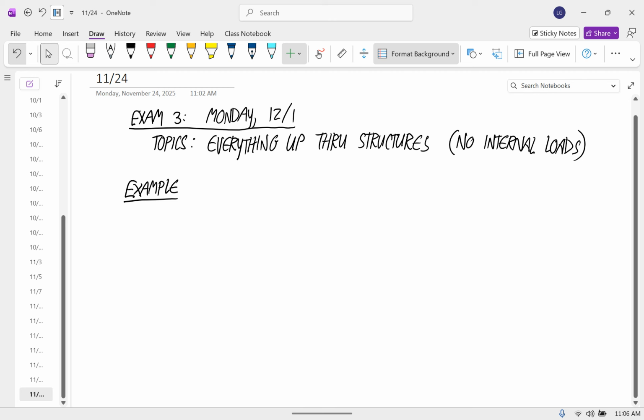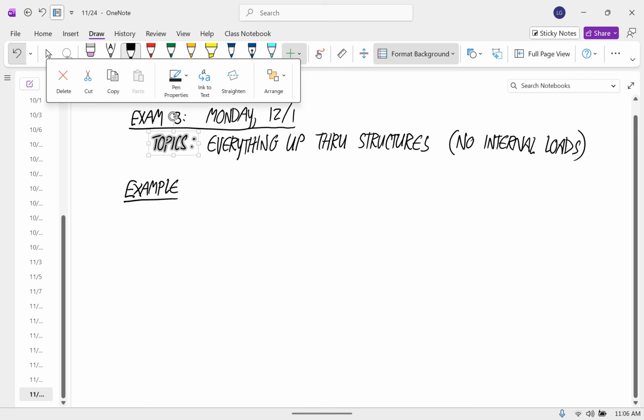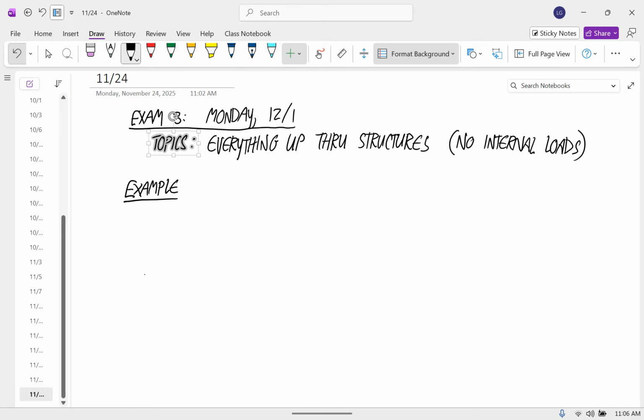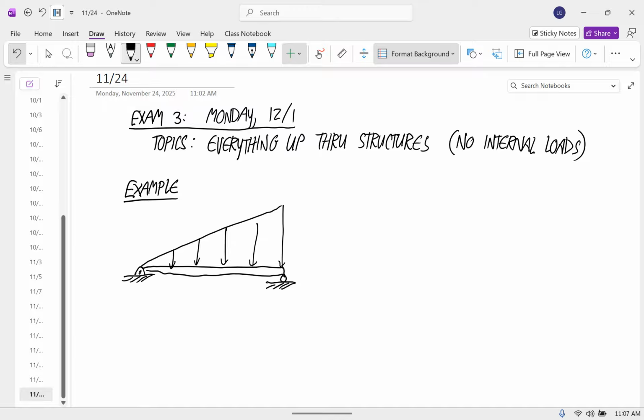Okay, so let's say we have a beam with a roller at the right end and a pin joint at the left end. And there's a distributed load acting on it like this. And let's say that the beam has a length of 3 meters.